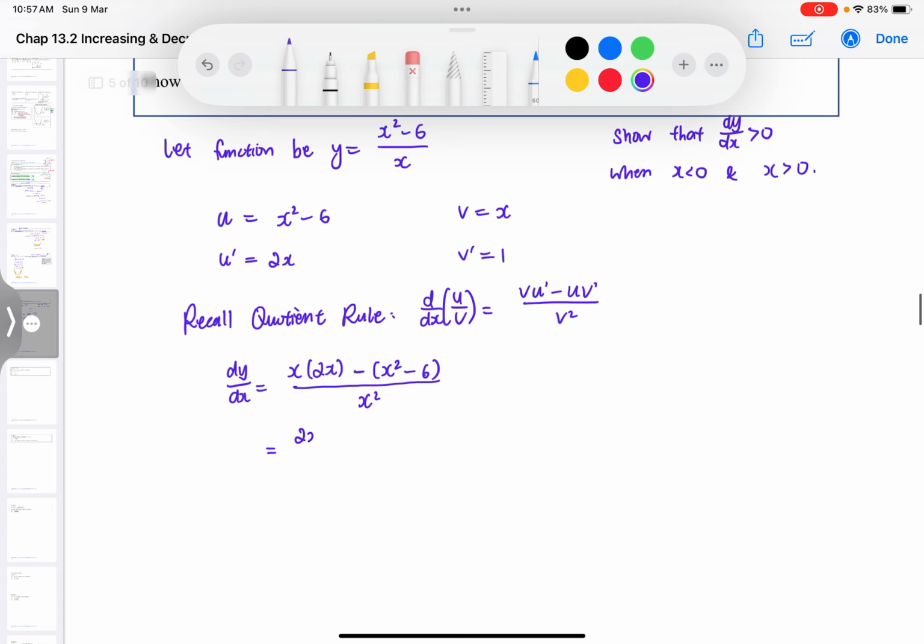Then you simplify this, and your answer for the derivative function is this.